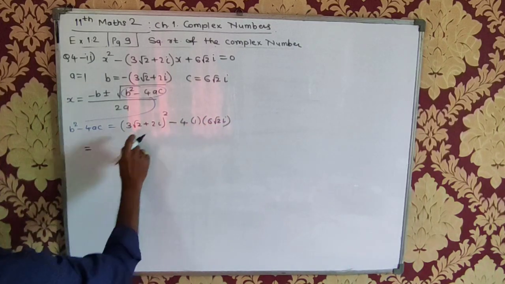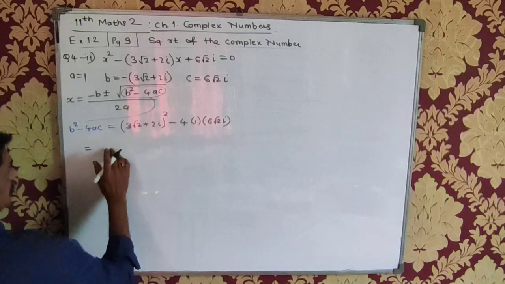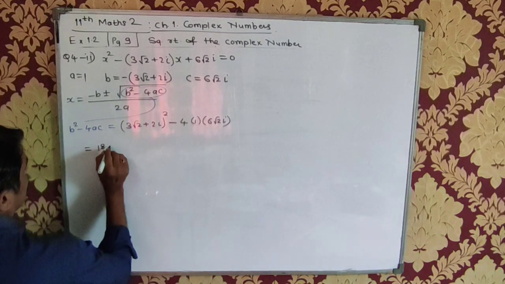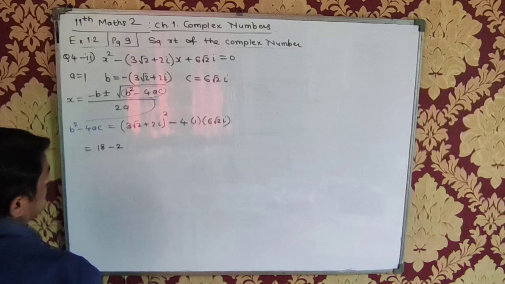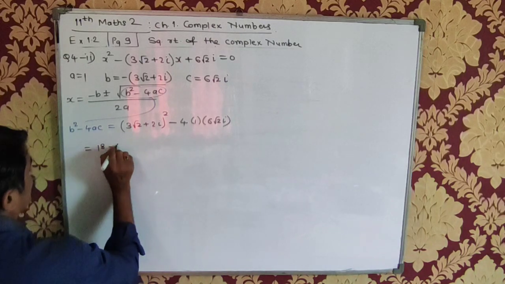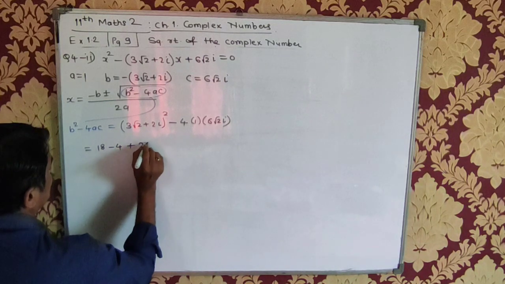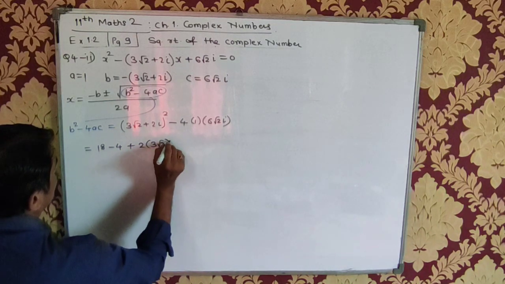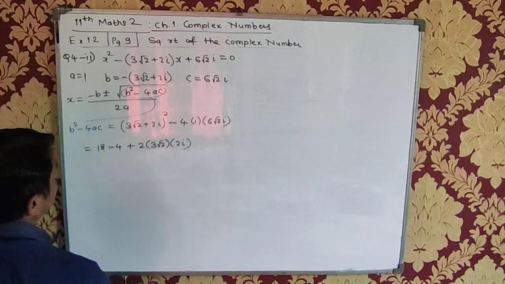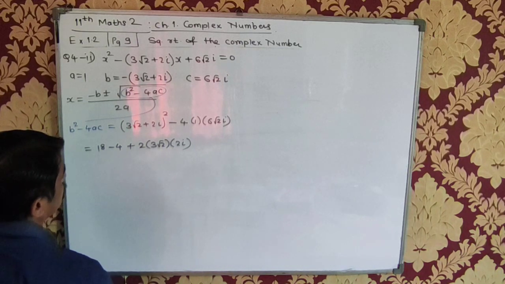That is equal to, squaring it, 9 into 2 is 18, minus 4 plus 2 into 3 root 2 into 2i. Right?